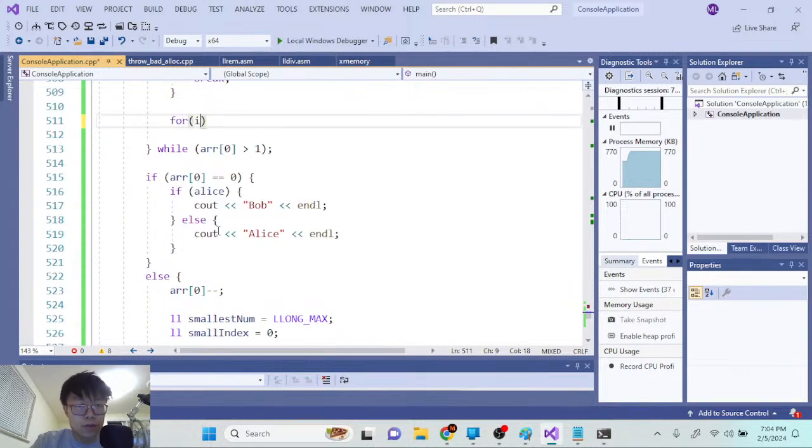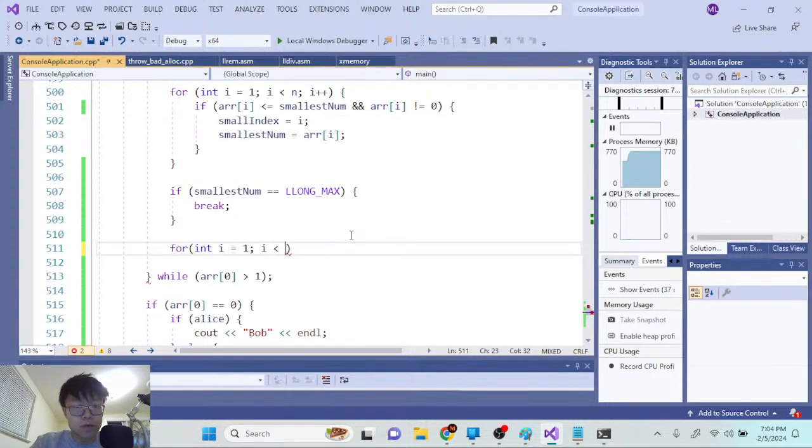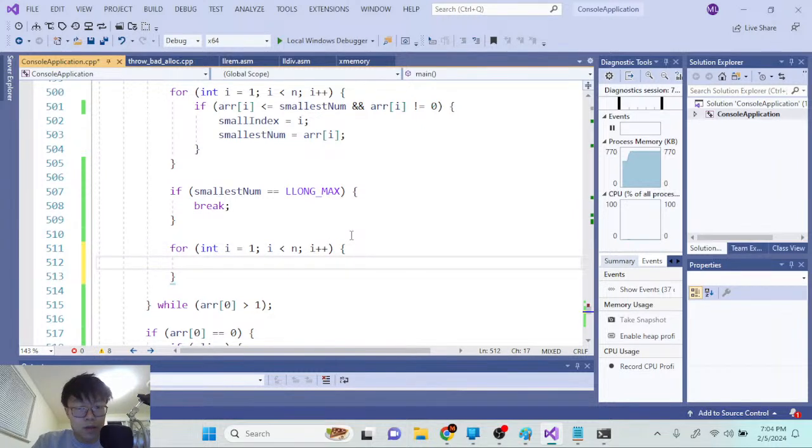So we're going to do r of i minus equal to r of small index, and then we swap.